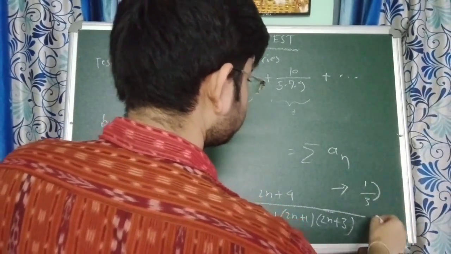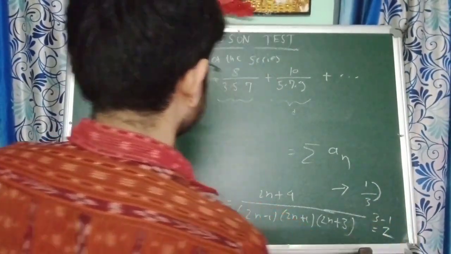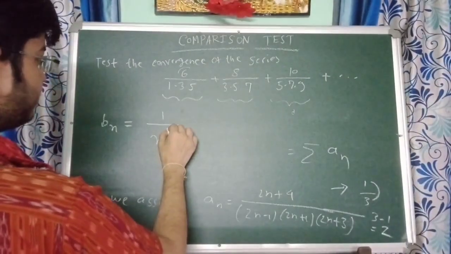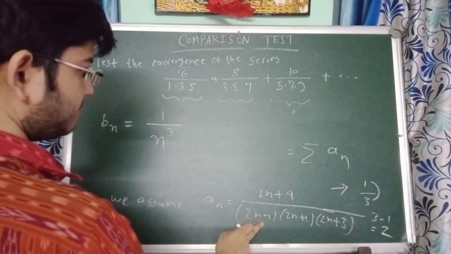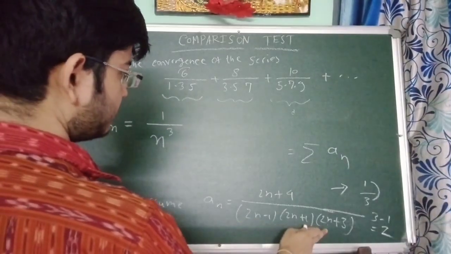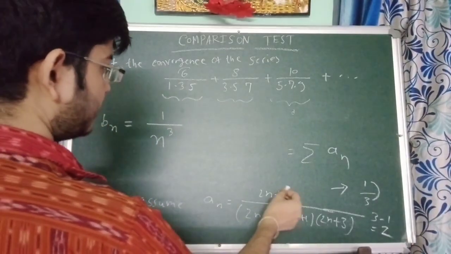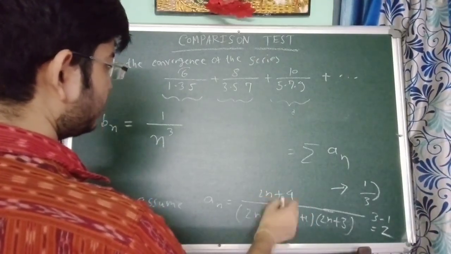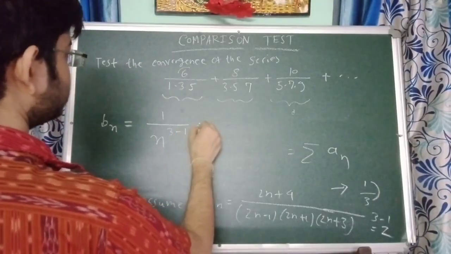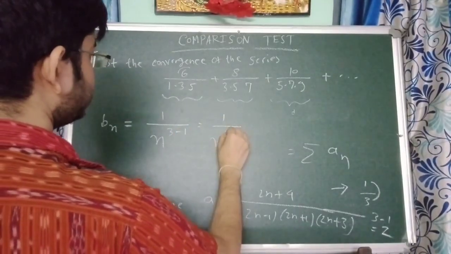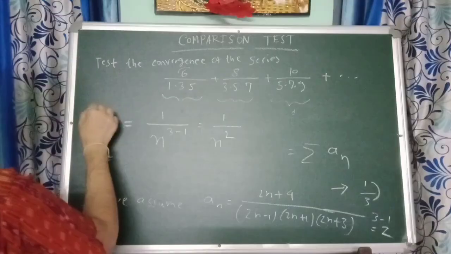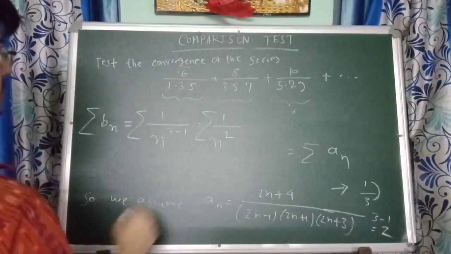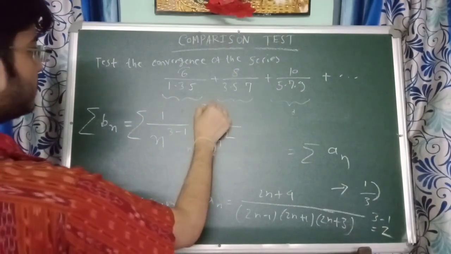Take this difference, 3 minus 1 equals 2. So taking bn as 1 by n square, consider the series summation n equals 1 to infinity 1 by n square.